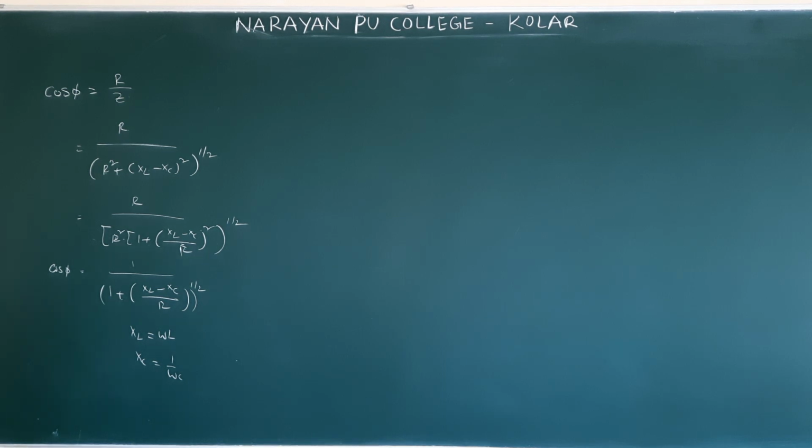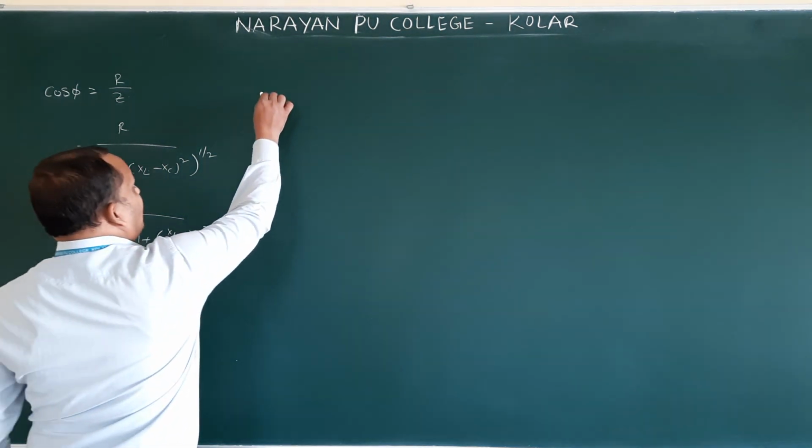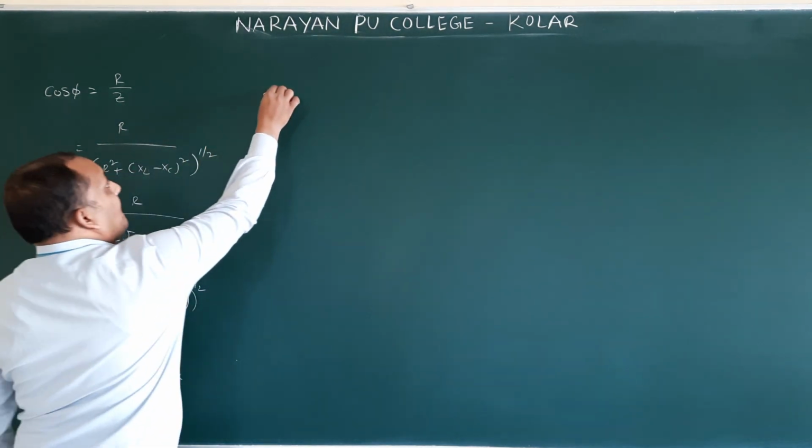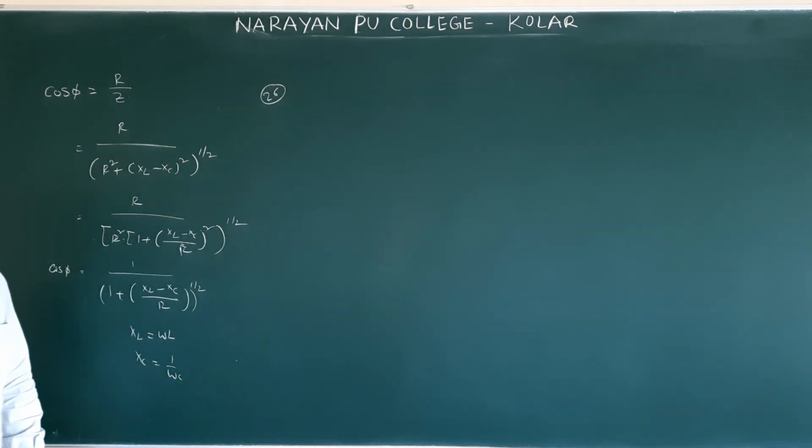Next, question number 26. In the following AC circuit, if the power factor is 1 by 2, they are asking the value of capital R. So I am drawing the diagram.